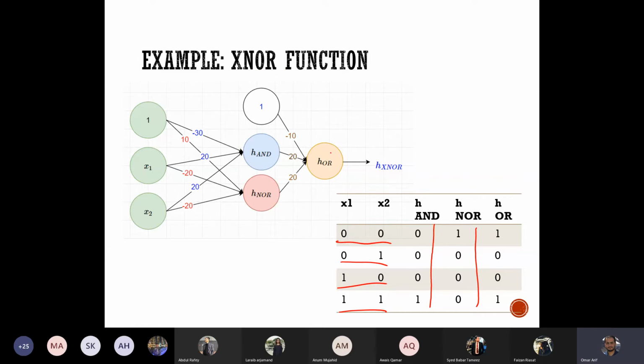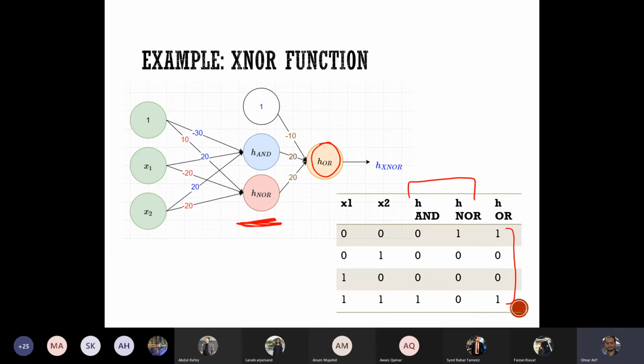And finally, I have another neuron in the output layer which takes input from the hidden layer. With these as input now, these two columns, you take the OR of these two columns, and this is what you get.